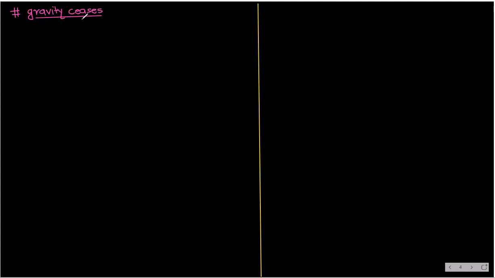Gravity ceases means gravity comes to an end. Actually, practically it is not possible, but in problems sometimes they will give that gravity ceases at a particular point. It means there is zero acceleration due to gravity. So let's see one theoretical example of this, and let's derive the equations for the unknown things.